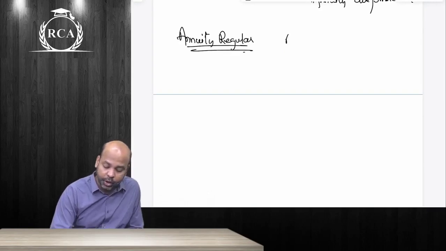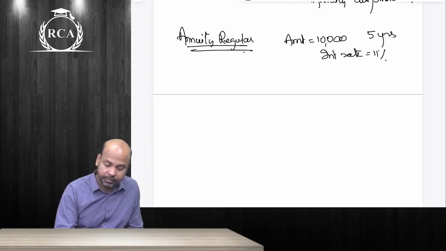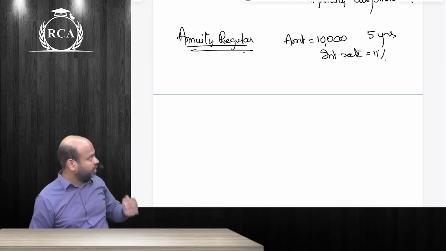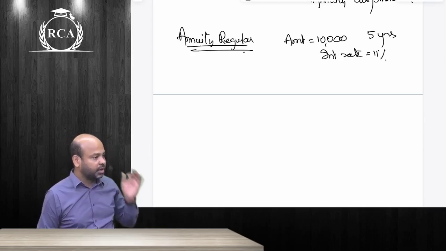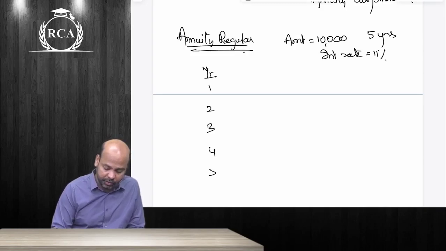So you are going to receive an amount of 10,000 rupees every year for the next 5 years. Interest rate is say 11%. So if I talk about my cash flows, how much is the cash flow per annum?